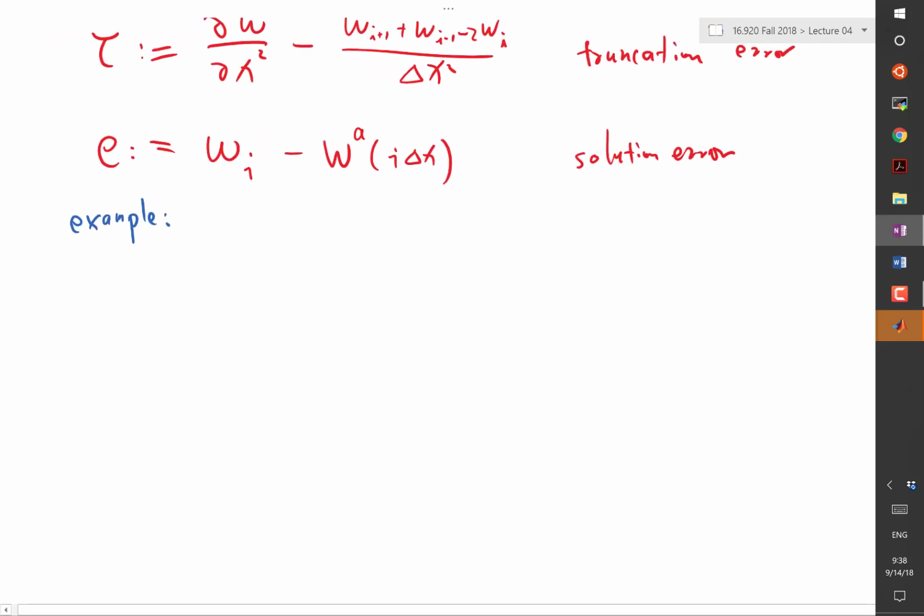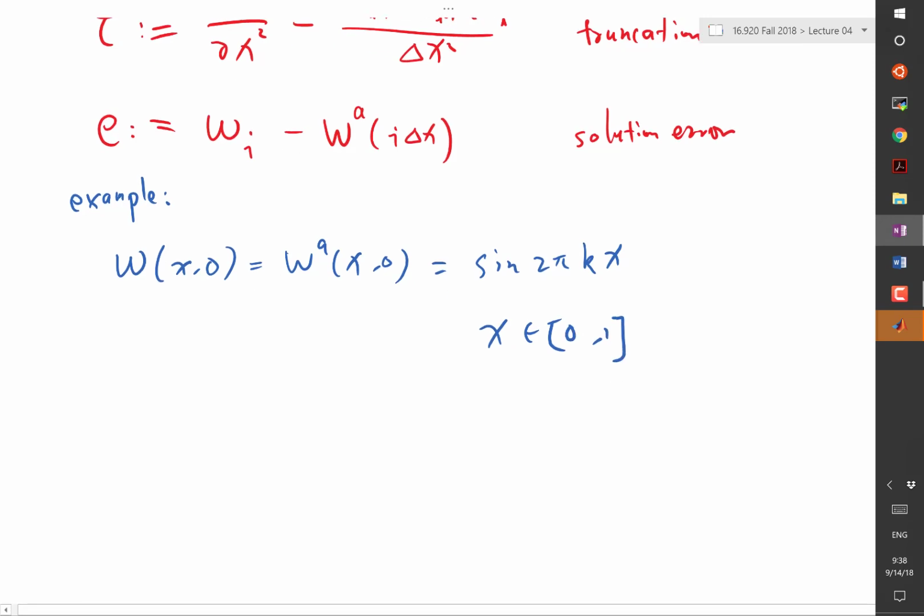If my w at x and 0, which is equal to w analytically at t equal to 0, so we start analytical and numerical solutions at exactly the same function, is equal to sine of 2 pi kx, where x is between 0 and 1.